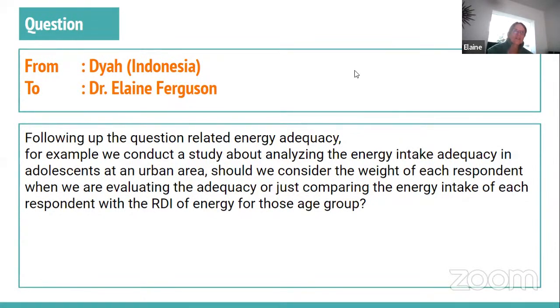Yes, and so there are equations you can use, this is the same question again, that would be based on body weight, and on whether they're adolescents, 10 to 14 or over 14. If they're over 14, I think physical activity level is also taken into account, whether they're sedentary, moderately active, or highly active.